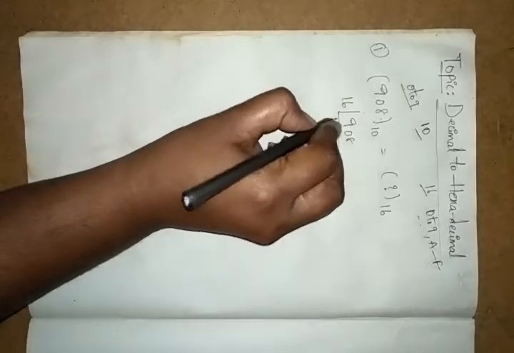How much do we get here? 16 fives are 80, and we are left with 10 and 8, so we are left with 1 not 8.